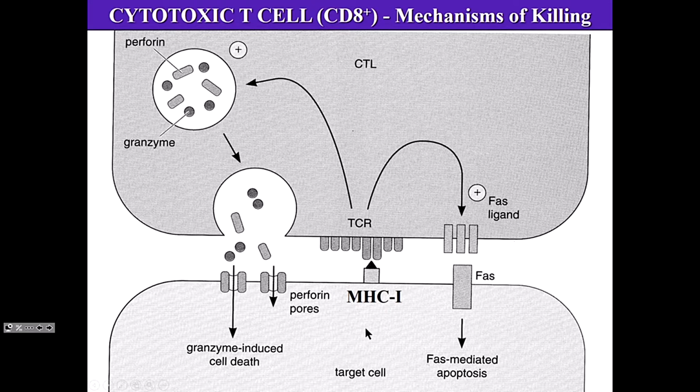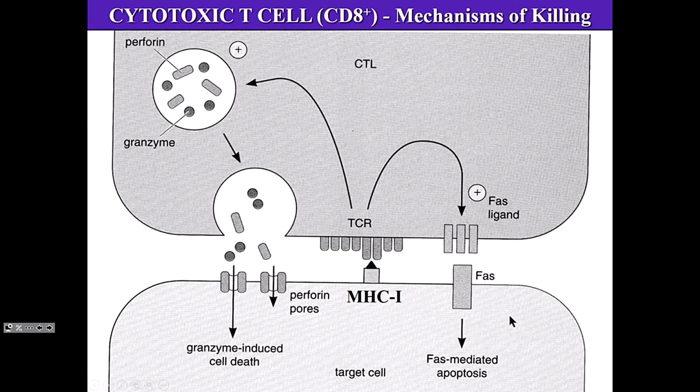And it destroys that target cell through a couple of mechanisms. It can produce perforins, as the name implies. These proteins can create perforations in the plasma membrane of the target cell, so the target cell will lyse. Or they can produce a Fas ligand, which will bind to Fas, which will promote apoptosis.